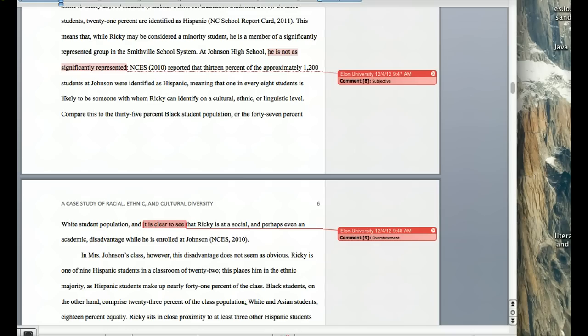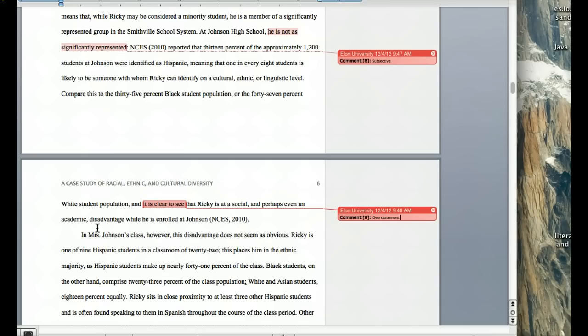Now, it may well be the case that in a particular individual's experience, they feel at a social disadvantage, but we may be jumping to a bit of a conclusion here by saying that just because of certain demographic numbers, the student would be at a disadvantage.